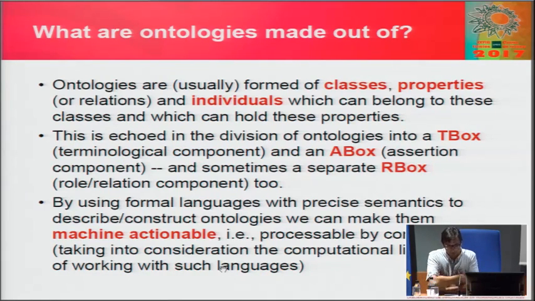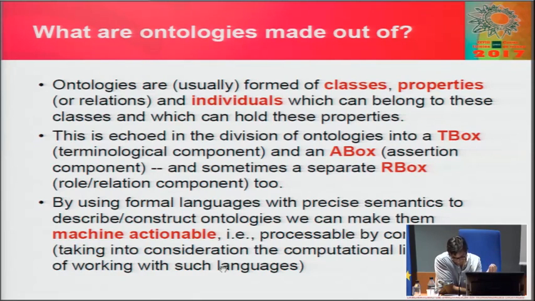So, the first thing to emphasize is that ontologies, or at least the ones we're going to look at, are made up of classes, properties or relations, and individuals. And so we can usually think of an ontology as consisting of three separate components. The first of these is called a T-box, also known as the terminological component.